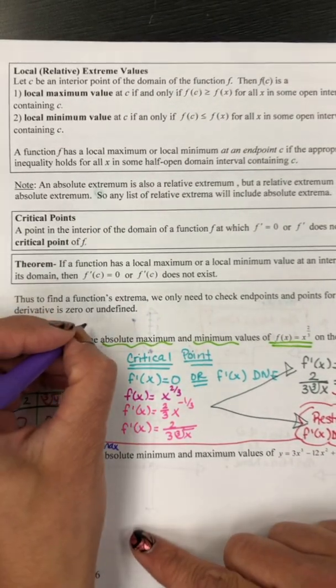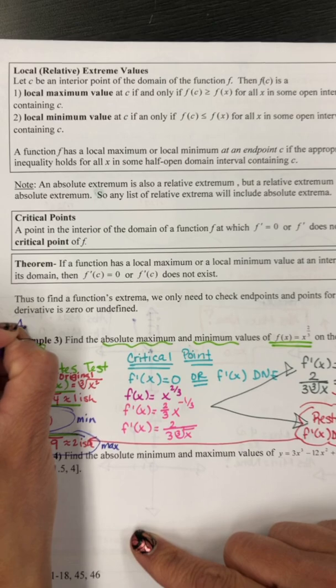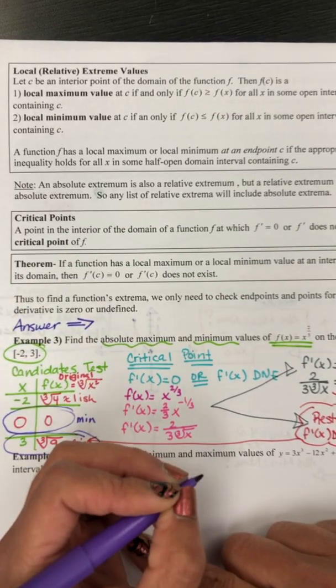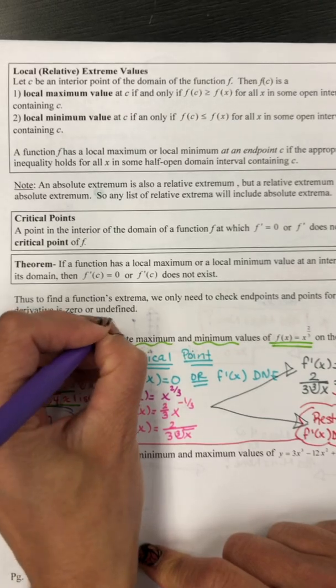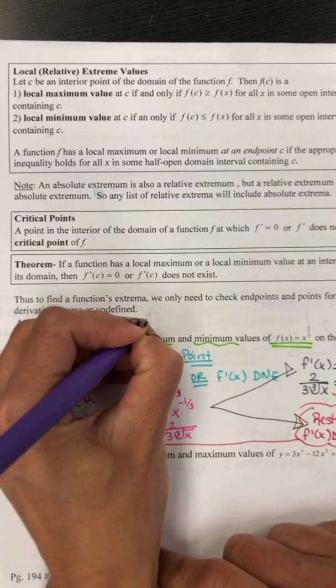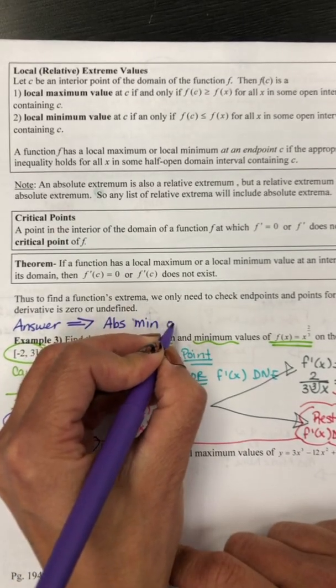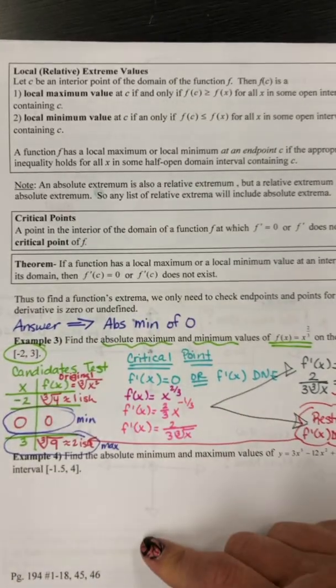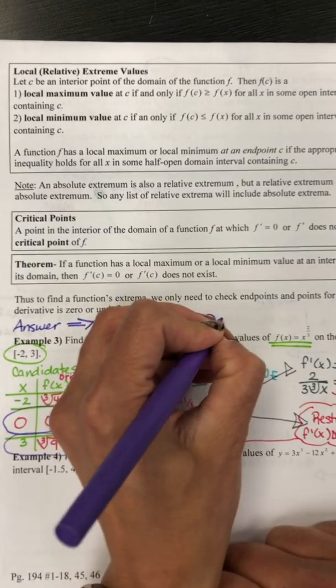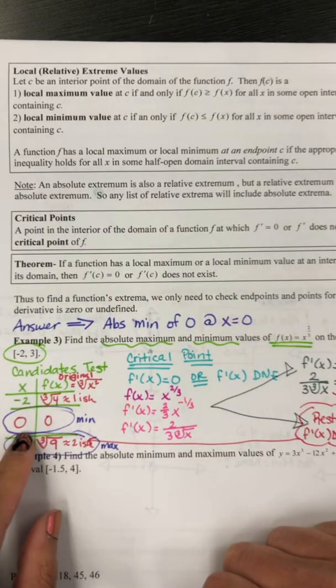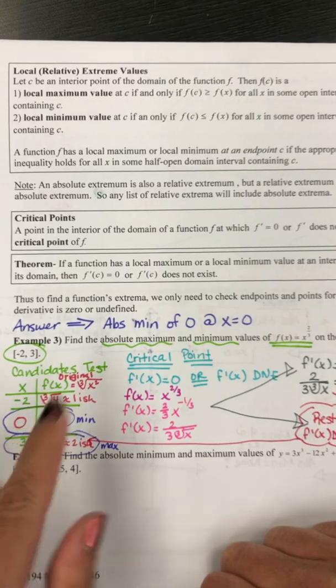All right, so let's write our answer up here. So answer. Okay, so the absolute minimum is of 0, absolute minimum of 0, and that is at a value of x equals 0. Y is 0 and x is 0, absolute minimum, okay?